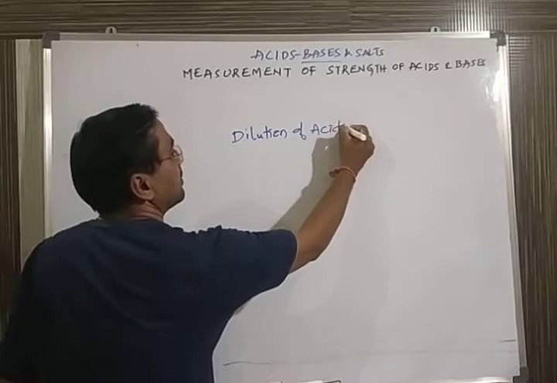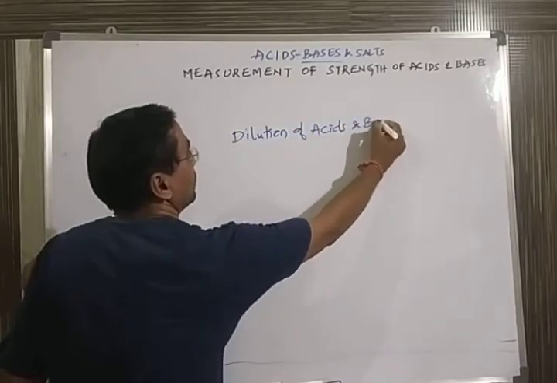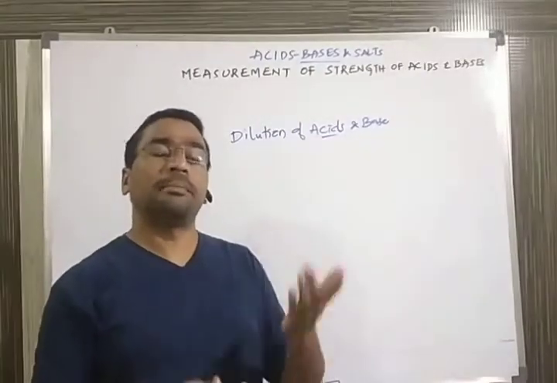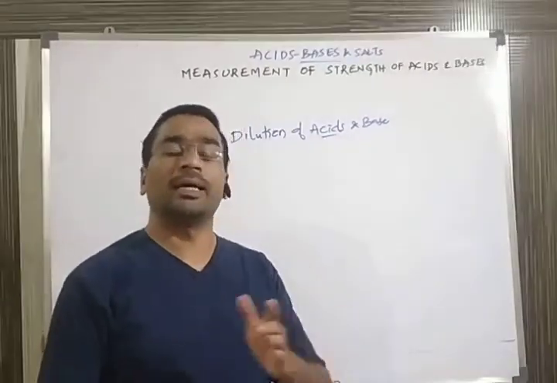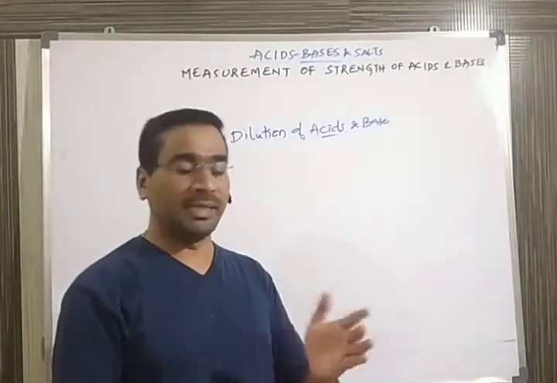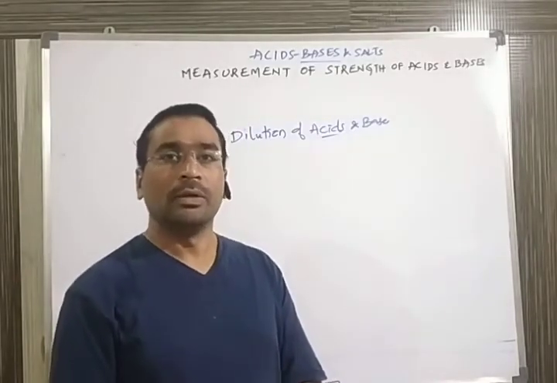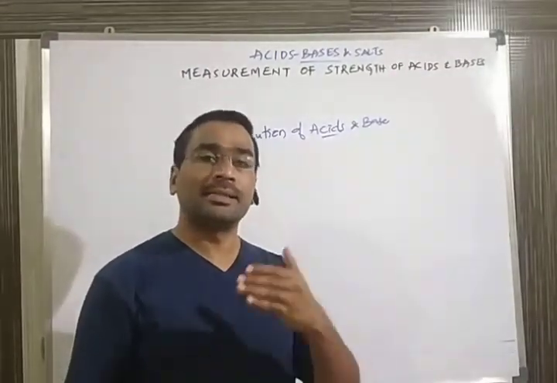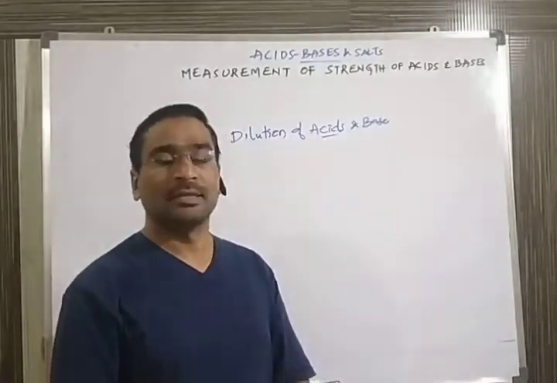What happens if you add water to an acid? What happens if you add water to a base? That is a question. Now let us proceed with the next topic in this chapter.